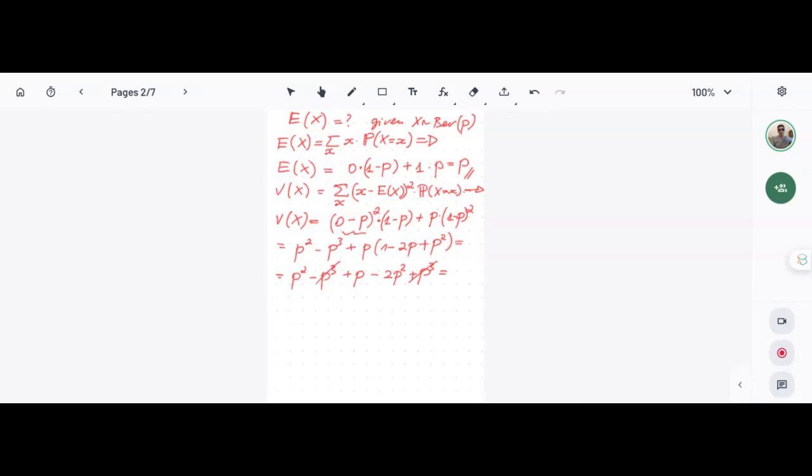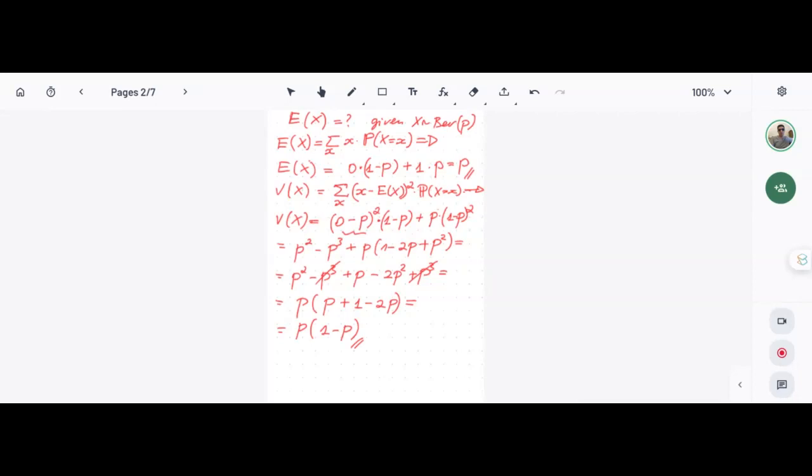These p cubes cancel each other out, and in the end, if I take p out, it gives me p times p plus 1 minus 2p, which gives p times 1 minus p. This is how it works.